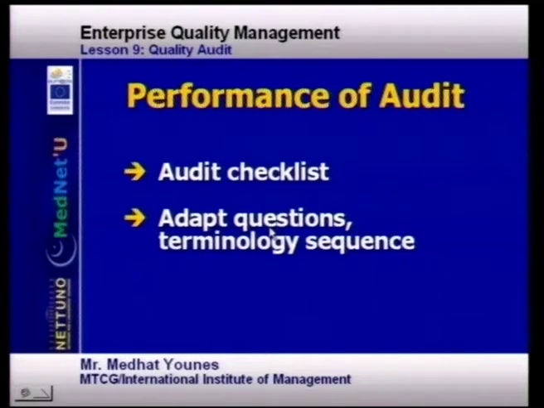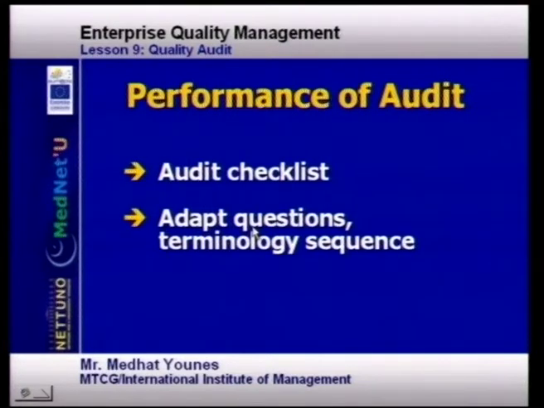Performance of the audit. When you execute the audit, you investigate by means of an audit checklist. Use the audit checklist as a guide. Not all questions need to be asked. Adapt the wordings to your counterpart. Adapt the sequence of the questions to circumstances.